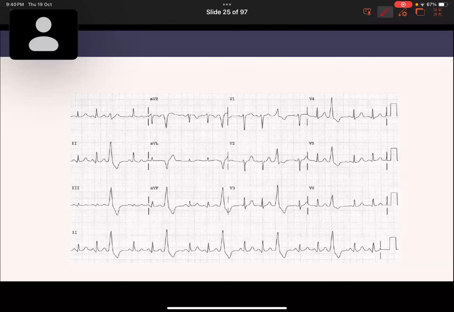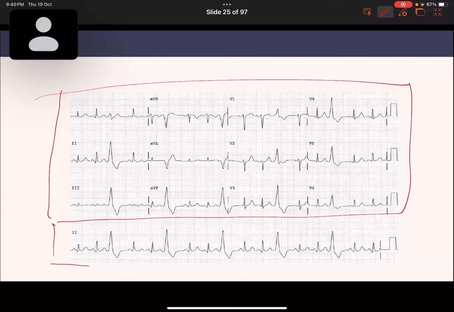Okay, let's do it this way. Are we going to use the upper part or the lower part of this ECG? We're going to use this rhythm strip. Yeah. So the rhythm strip is going to help us find out the rhythm, basically.